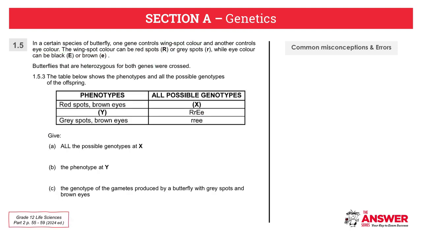Continuing with question 1.5.3, it says that the table below shows the phenotypes of all the possible genotypes of the offspring. So the phenotypes are the physical characteristics. They show red spots and brown eyes.